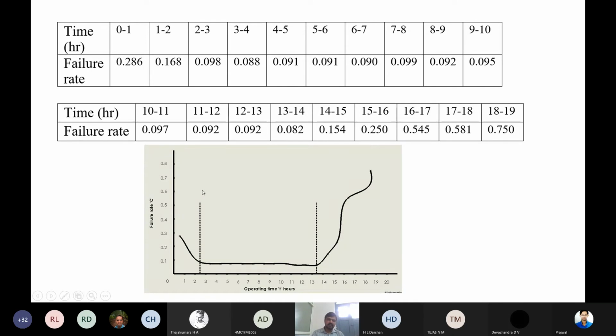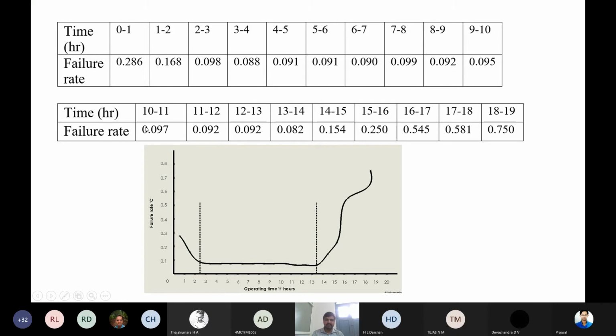For plotting the bathtub curve, look at the values. All the values are in the range of 0 to almost 1. The maximum value is 0.75. That means on the y-axis, if you have intervals of 0.1, that is suitable.